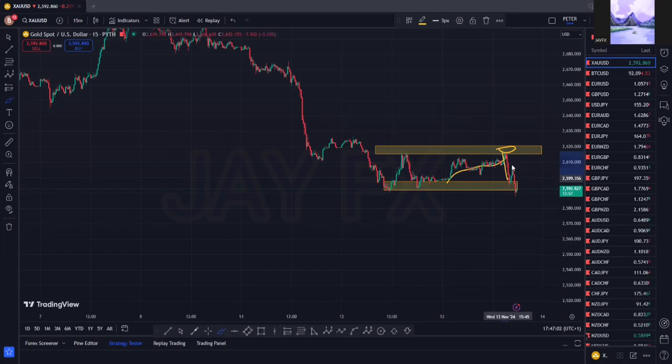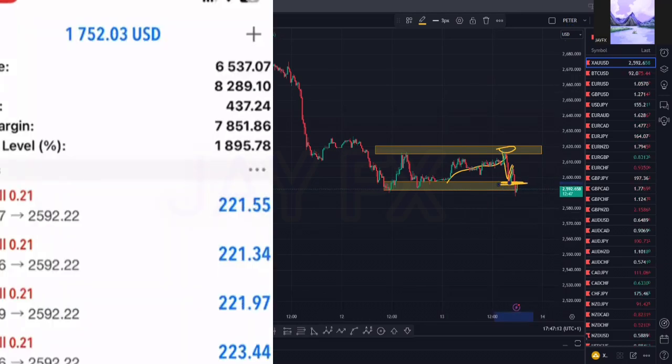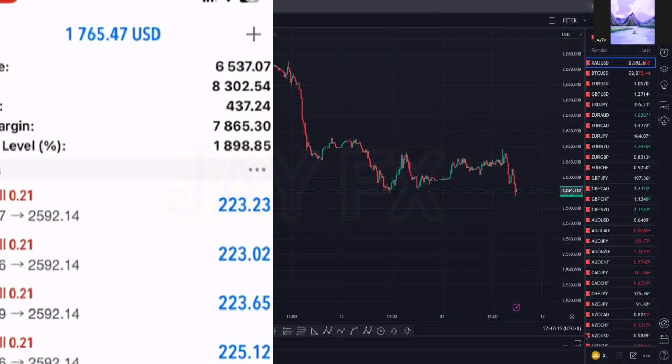So now it comes back. Just check where it went back from. Once it managed to break this candle, then I just entered my trades. As you can see, so far one trade is running around $218, which is not bad.